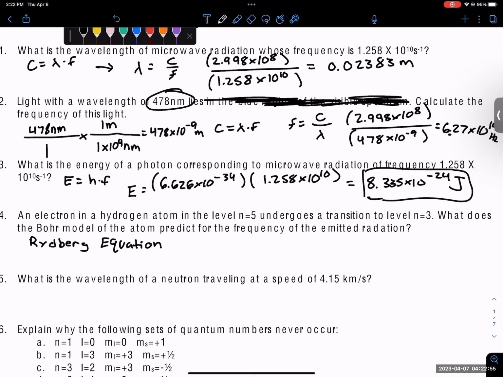Anyone? All right, well, it's clear that the electron starts in the energy level n equals 5, right? It says it starts there and then it undergoes a transition to energy level 3. So its final destination is the third one, so we can write f here for final.